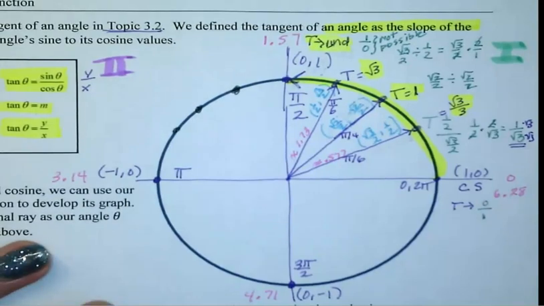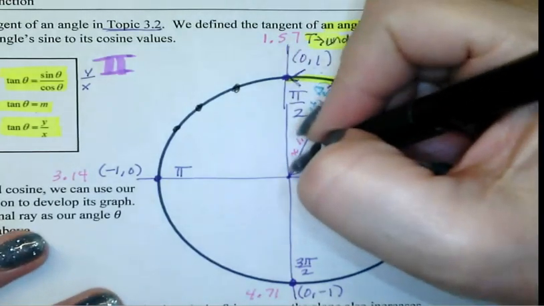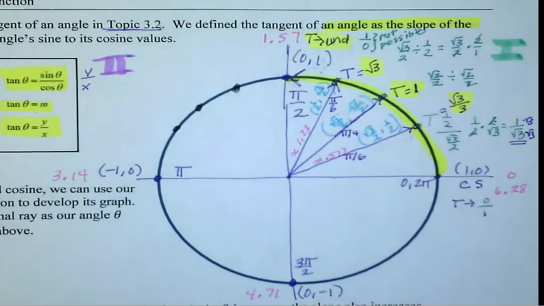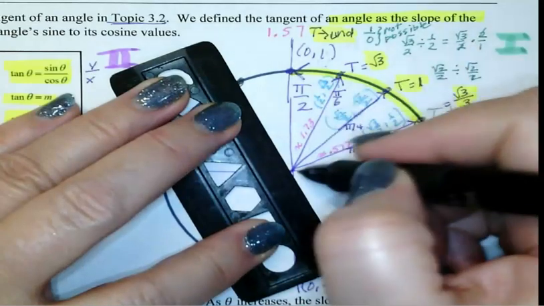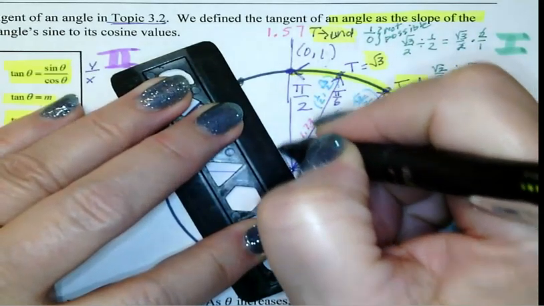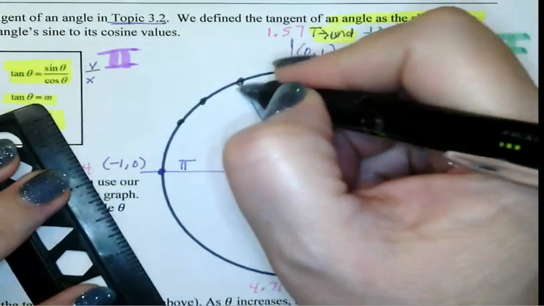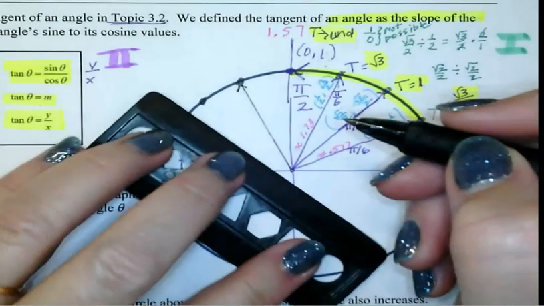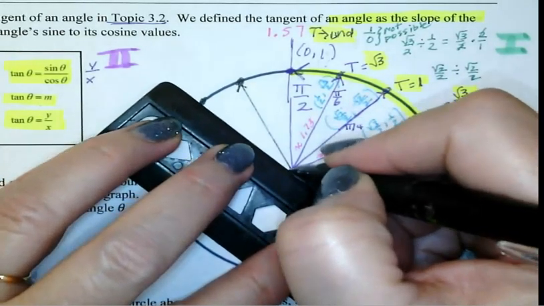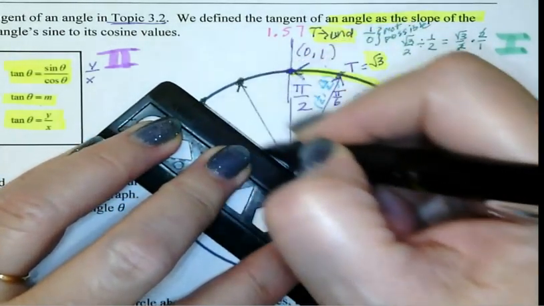And again, we're looking at the radius, so we're talking about going from the center to the point on the circle. So I'm going to take my handy dandy little ruler here and we're going to connect that up. And remember, we're talking about the tangent value, so that ray. And then we would be talking about this one.